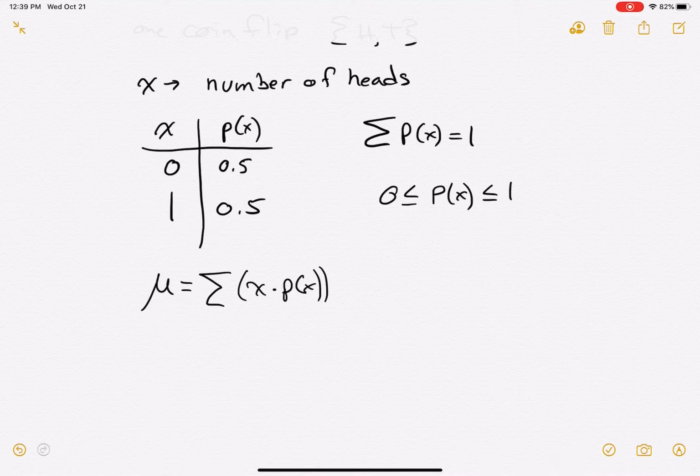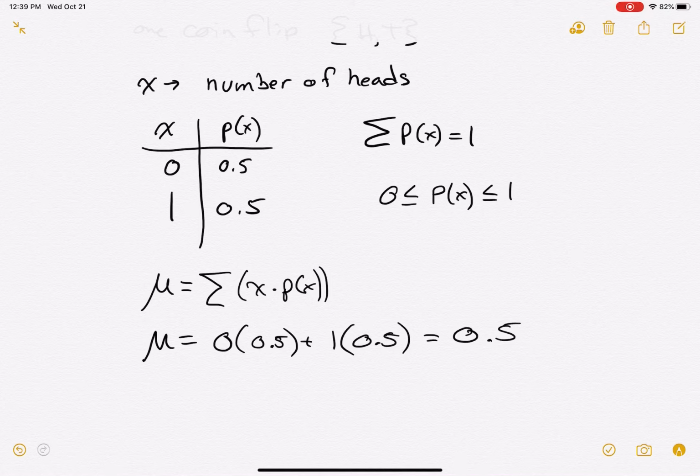So in our example, the mean is going to be equal to 0 times the corresponding probability of 0.5 plus 1 times the corresponding probability of 0.5. And that's going to be equal to 0.5.